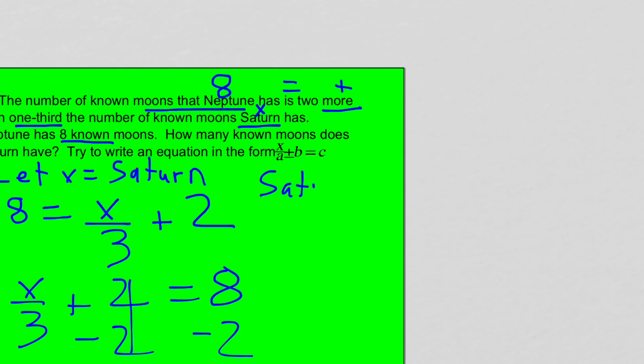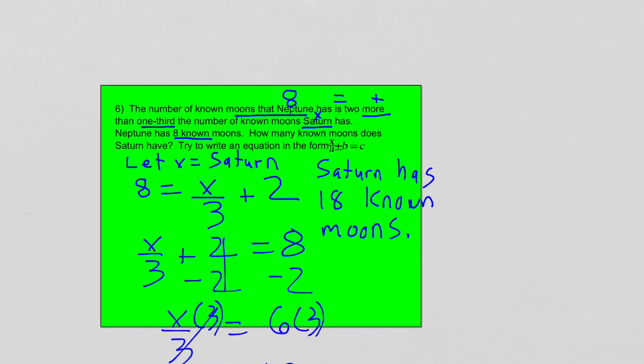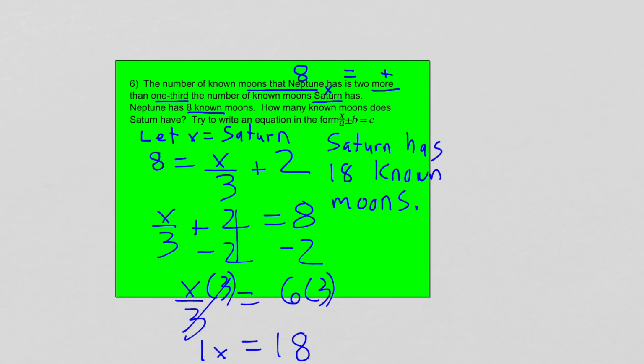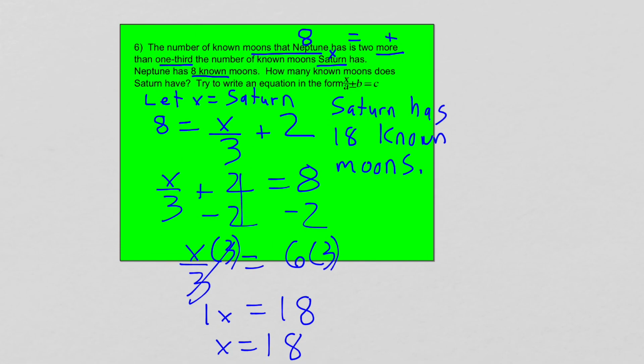Saturn has 18 known moons. However, I made this problem a few years ago, and I'm wondering if astronomers have discovered more moons on Saturn. So for you astronomers out there, don't at me if Saturn has more known moons. That could be true now. But for this particular algebra question, that is the correct statement.